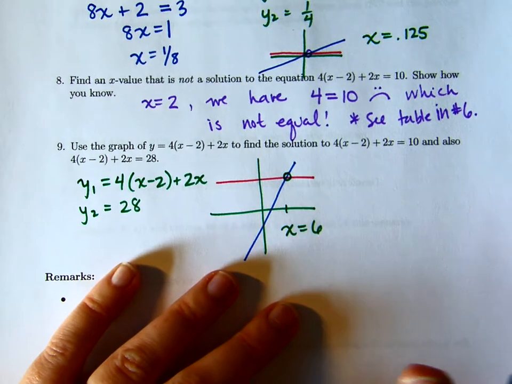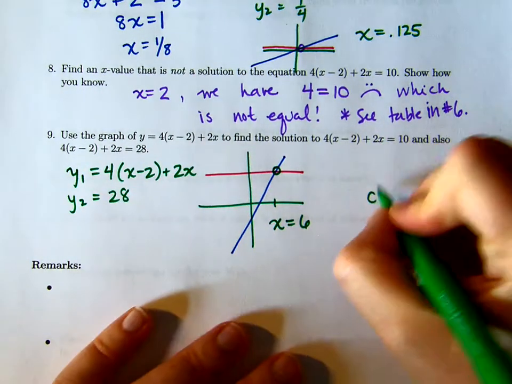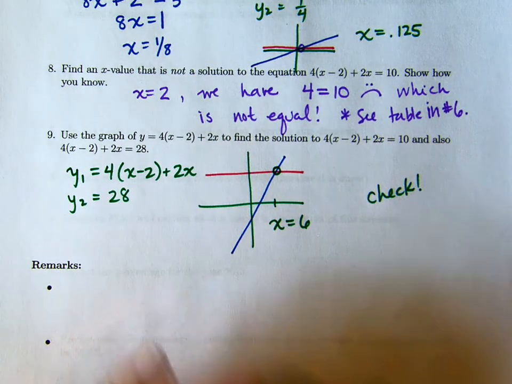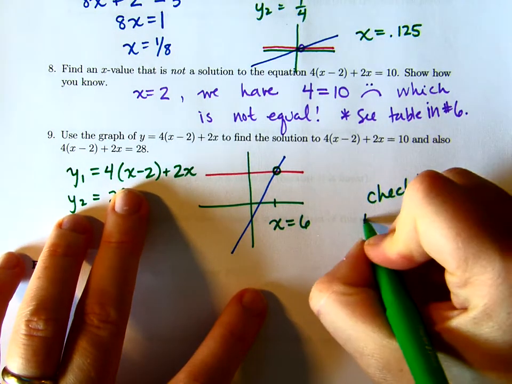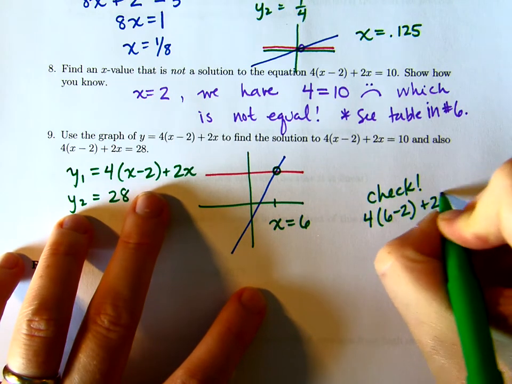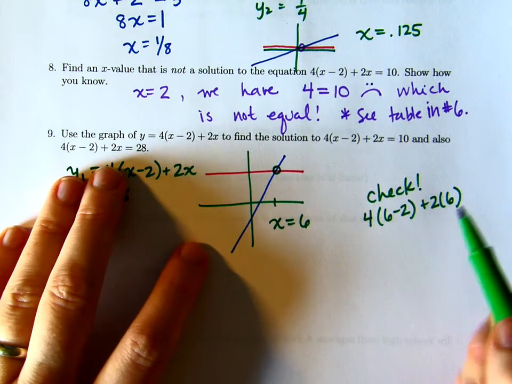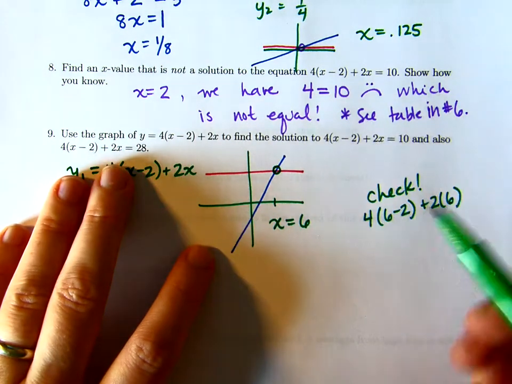Okay, and just so that we feel comfortable with that, I'm just going to do a quick check before we make some remarks about this. So 4 times 6 minus 2 plus 2 times 6. Okay, so I'm plugging this value of x equals 6 into the left side of the equals.